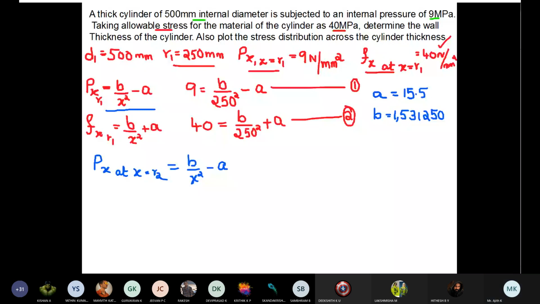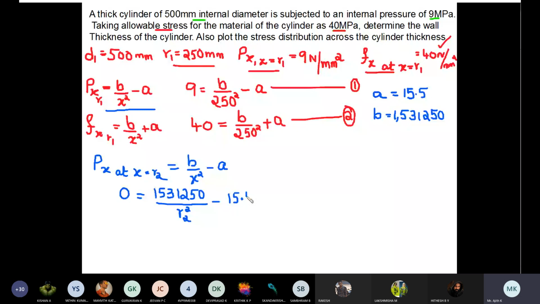So Px at x equal to R2 is 0, is equal to B, substituting the values of B and A, divided by R2 square minus 15.5.